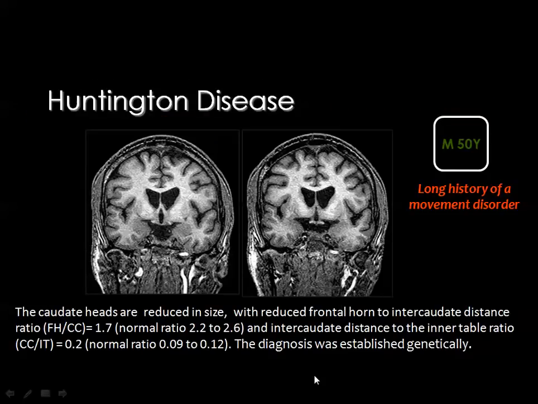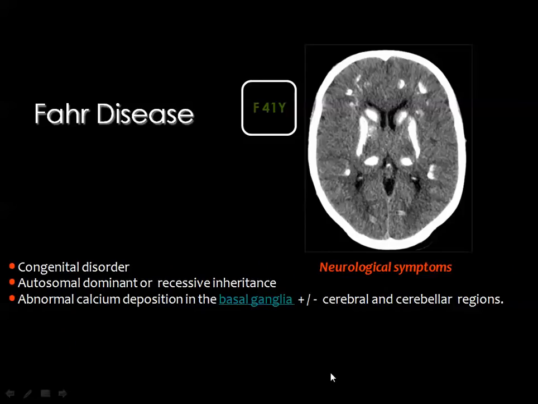And there are a lot of measurements for this disease, but actually we rely upon the clinical data and the imaging findings of considerable atrophic changes in the basal ganglia, especially the caudate, with the box-like appearance of the frontal horns of the ventricles.